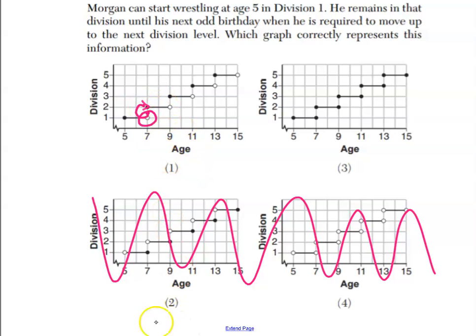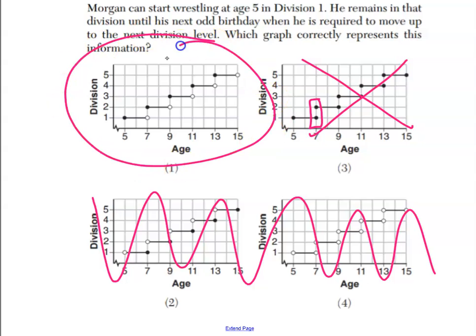And that's what this graph is showing. He's moved up into Division 2. This graph shows him being eligible to be in both divisions, and that's not allowed. So those are examples of piecewise functions and step functions, how to graph them, and how to interpret them.